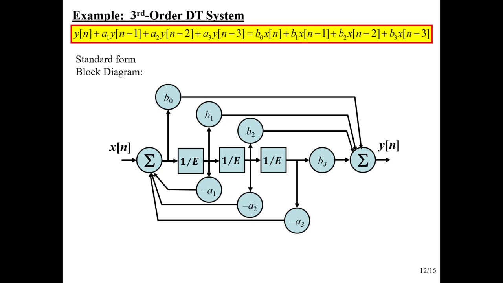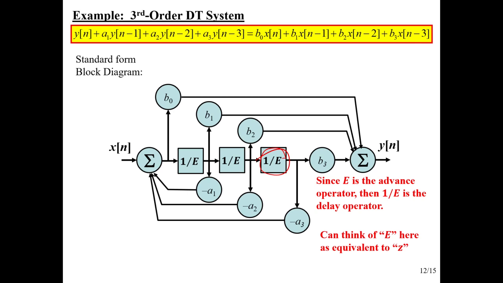So that's where this comes from, but you may be familiar with it. But I've written it here in terms of E. E is the advance operator, so 1 over E is the delay operator. See, P was the differentiation operator, and 1 over P was the integration operator. Same kind of idea. They undo each other.